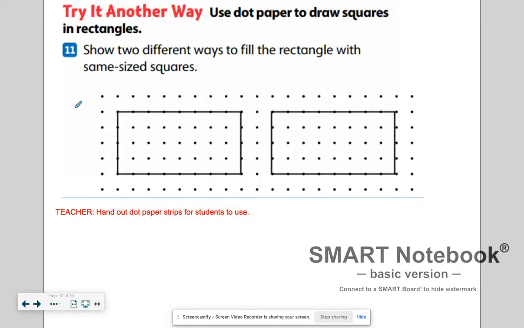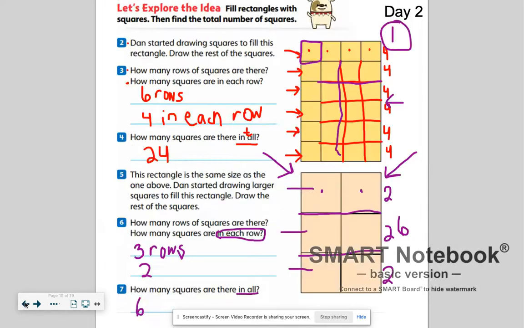Okay, Miss Merritt, there should be dot paper for you to hand out for the students to use. And guys, you are going to draw these same shapes, these same rectangles with same size squares, kind of like how it was done here for you.